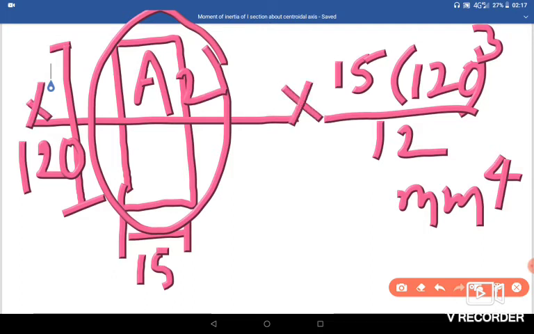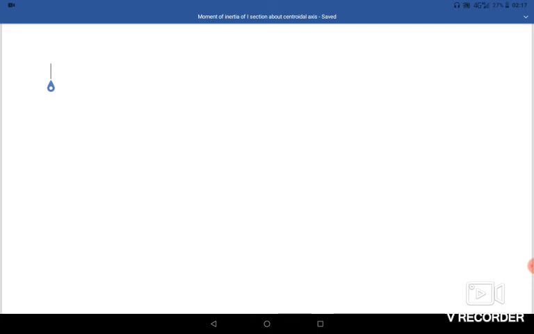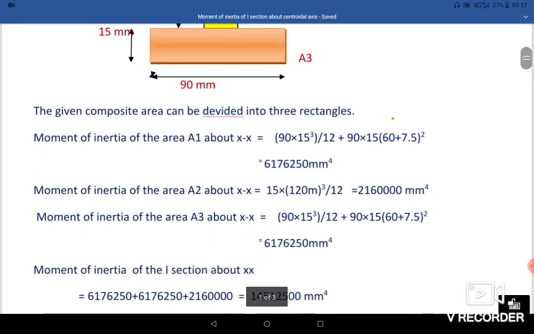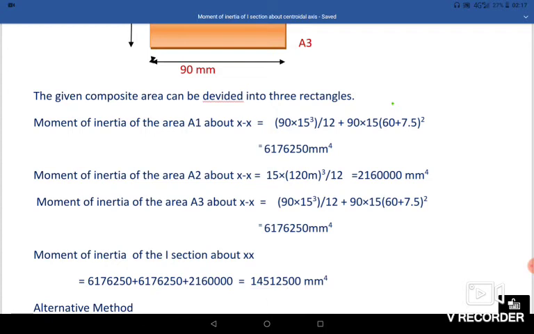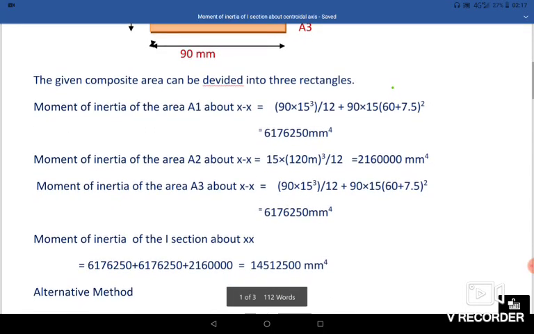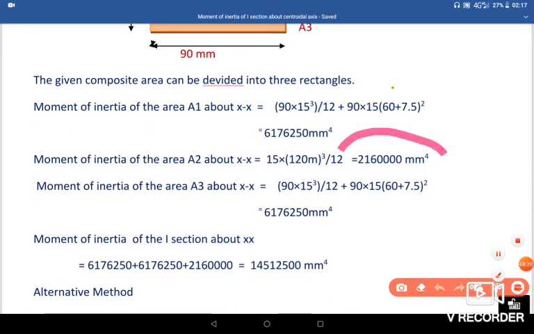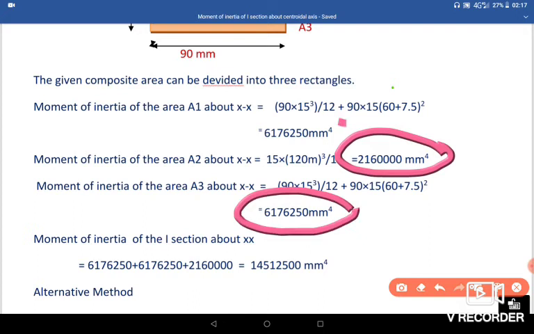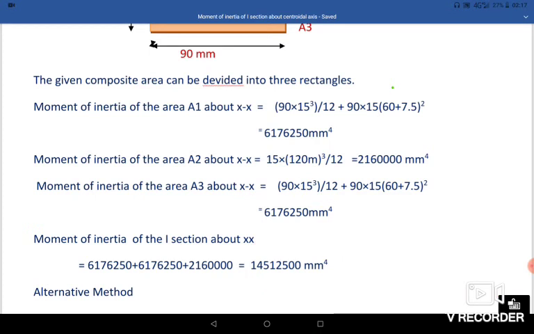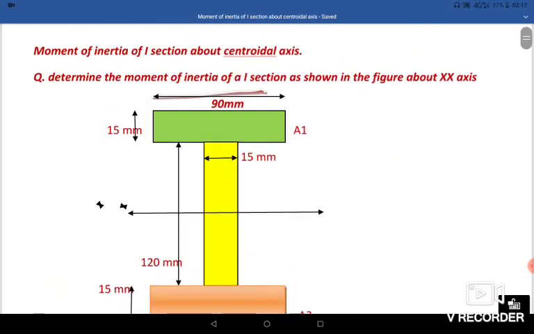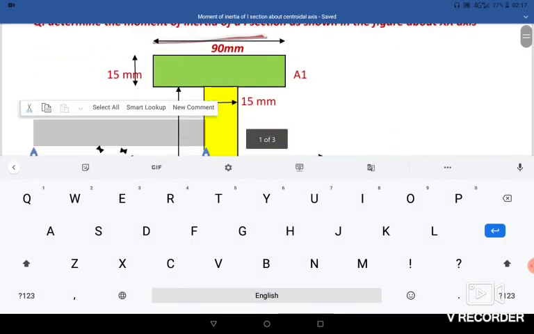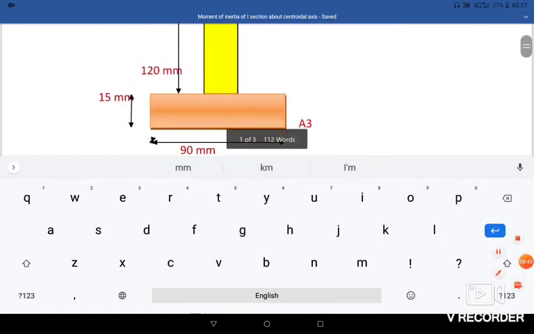I have already calculated the value for A1 about XX, and its value is this one. If I add these three values, then I will get the moment of inertia of the whole section about the XX axis.